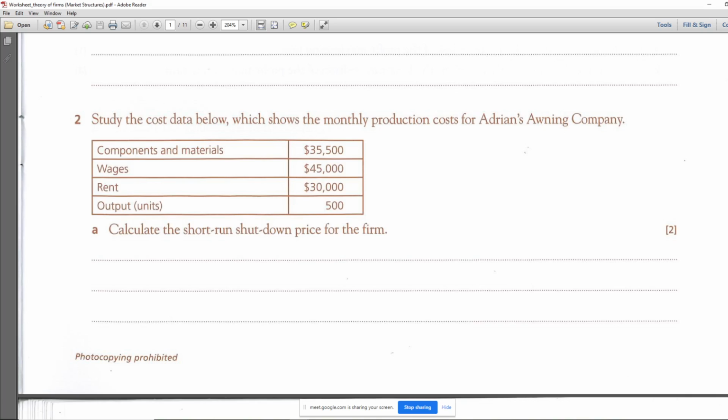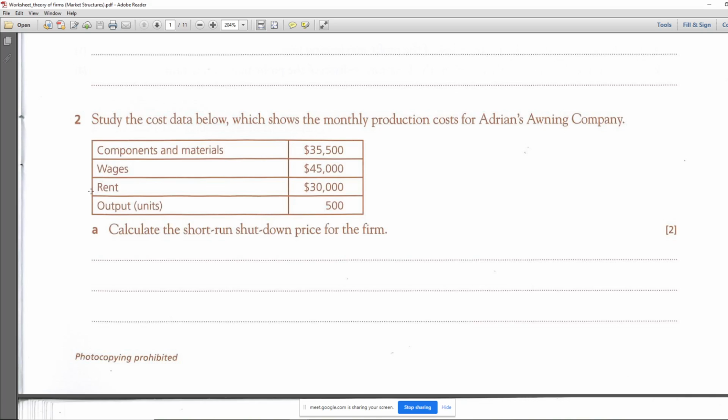So the equation will be... First of all, what do we have to find? Yeah, to find the total cost, right? Because we know that this one here is your variable cost and this one here is your fixed cost.